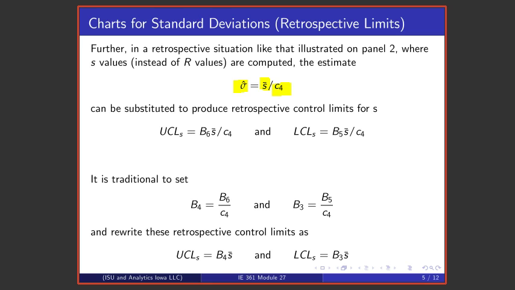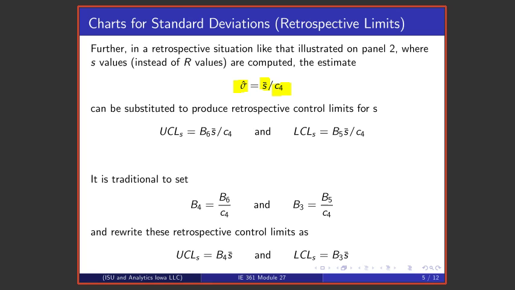You might think that simply taking standard deviations and averaging them, taking S bar, would be appropriate. Well, one needs to fudge that a bit by this multiplier little c4.